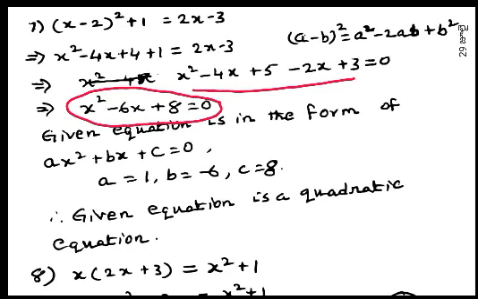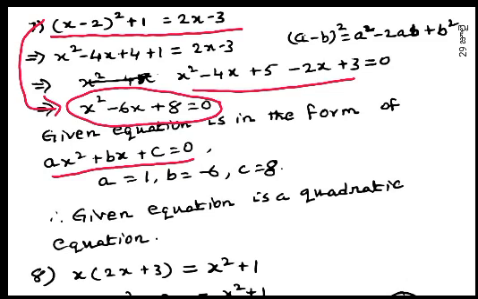The given equation is now in the form of ax² + bx + c = 0. This is the given equation: (x - 2)² + 1 = 2x - 3. It is now rewritten in the form of x² - 6x + 8 = 0. It is in the form of ax² + bx + c = 0.